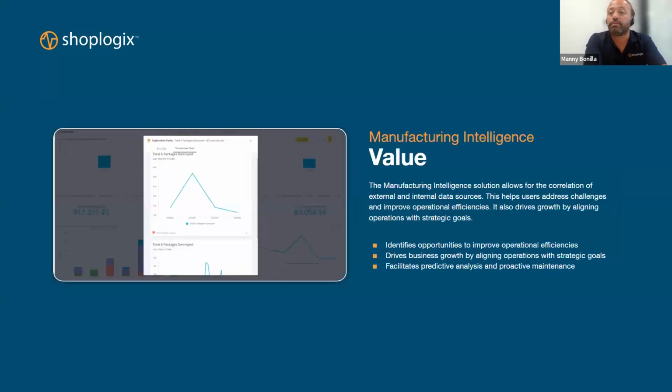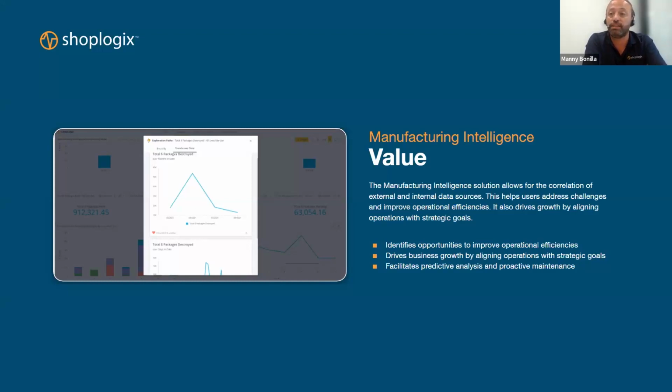So getting into some of the value: the ability to correlate different data sources. I'll get onto a slide where I give you some examples of data sources that we've been talking to our customers about, or have already been implementing with some of our customers since we've launched the product. Having that platform, having it all easily correlatable, is where the value really sits.